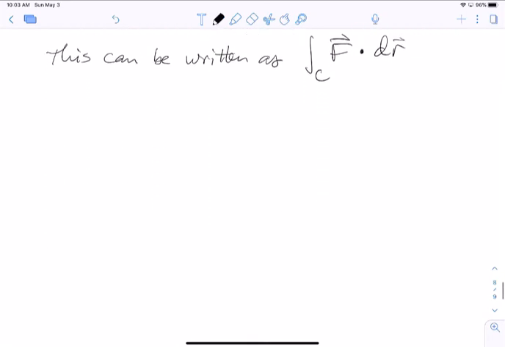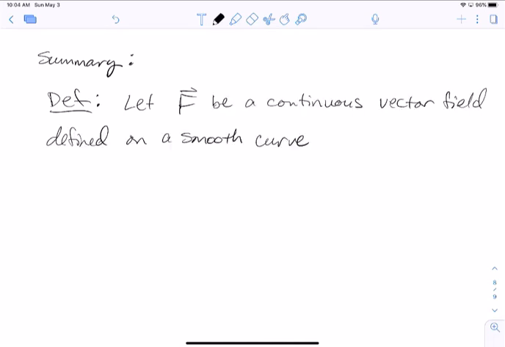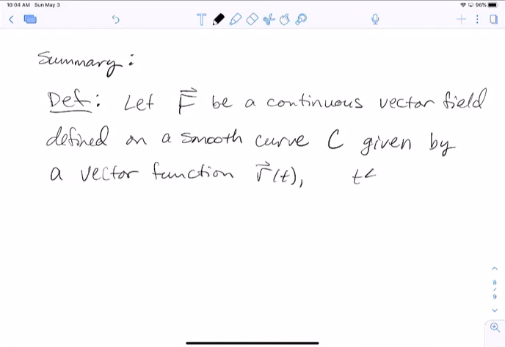Now I'm going to summarize by bringing in a definition. Let f hat be a continuous vector field defined on a smooth curve C given by a vector function r of t for t going from a to b.